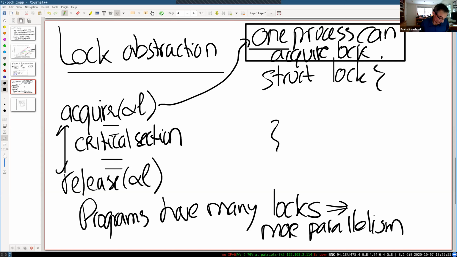And as we'll see, and as you can imagine, that can be tricky. So it's important to realize that the locking is not done automatically for you. It's all up to the developer to associate locks with data structures and ensure that the appropriate acquires and releases are there.